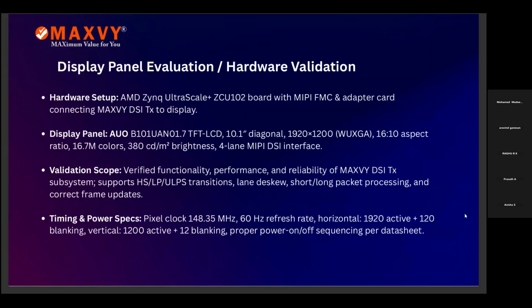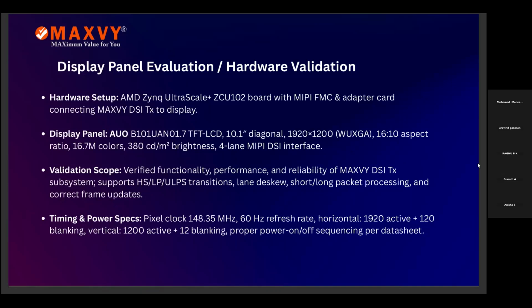The hardware setup, as I told you, uses the AUO B101UAN01.4 display panel. Basically, it's a TFT LCD display, and its resolution is 1920 by 1200, WUXGA, and it supports 16.7 million colors, using a 4-lane MIPI DSI-2 interface.